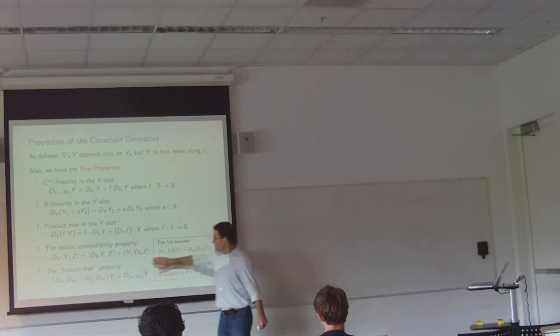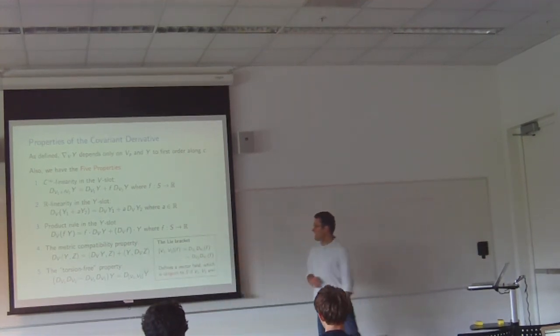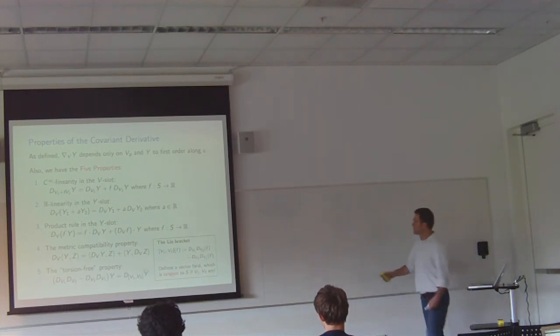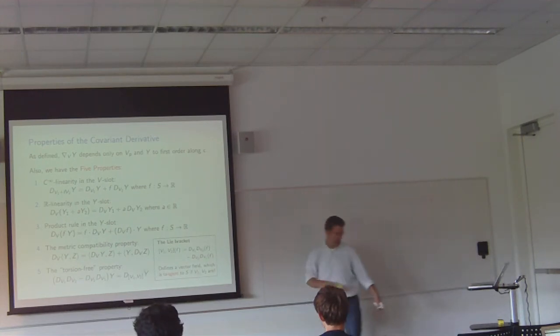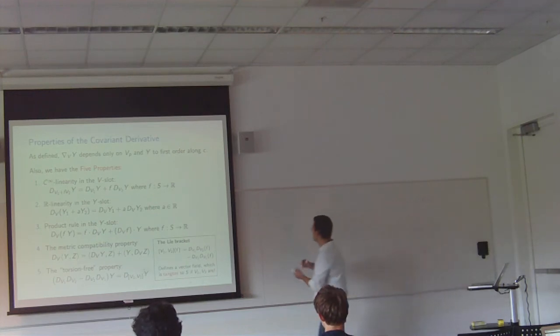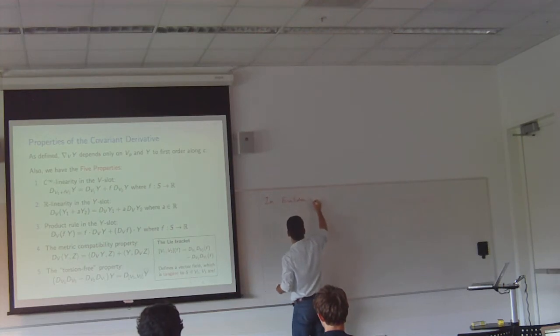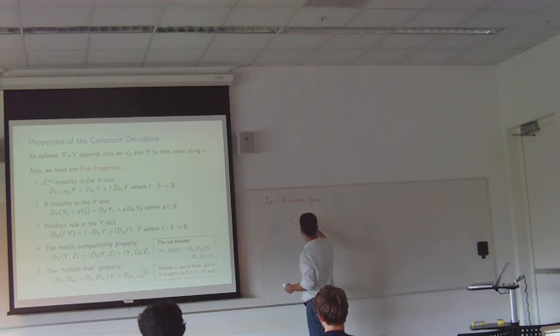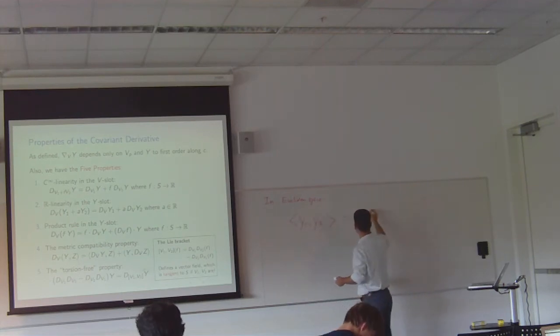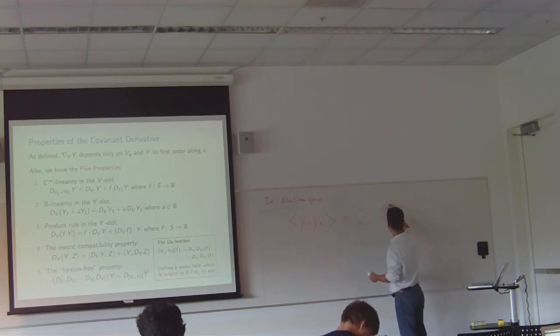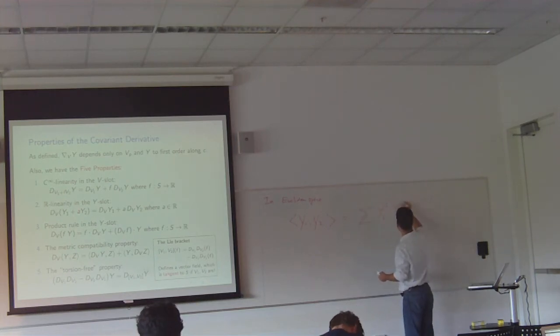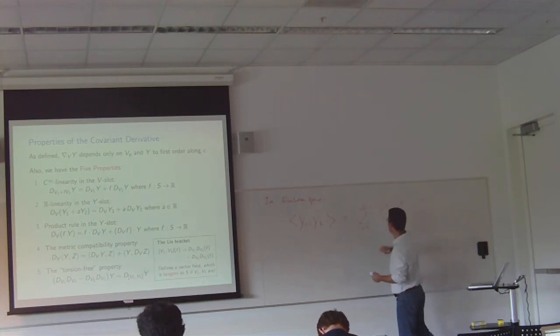Okay, so property number 4 is a generalization of something which is true in Euclidean space. Again, more or less the product rule. But let me explain what's going on here. In Euclidean space, if I have the inner product of two vectors, y1 and y2, this is the sum of y1's ith component times y2's ith component, sum from i equals 1 to 3.